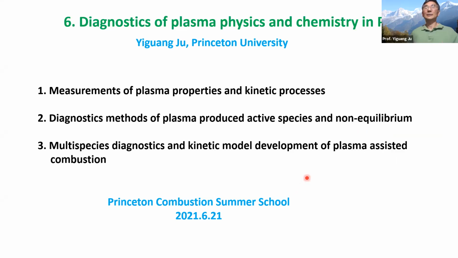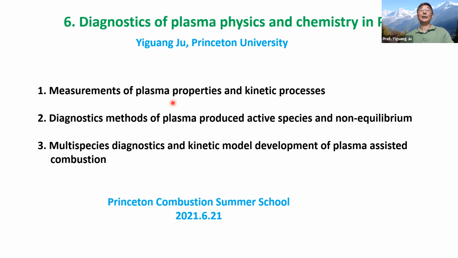All right. For the next 45 minutes, we will discuss the diagnostic methods for plasma properties and plasma chemistry. We'll talk about three things. At first, the measurement of plasma properties, including electron number density, electron temperature, and electric field.